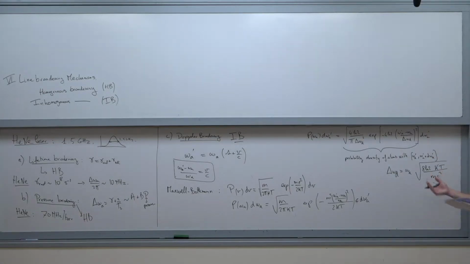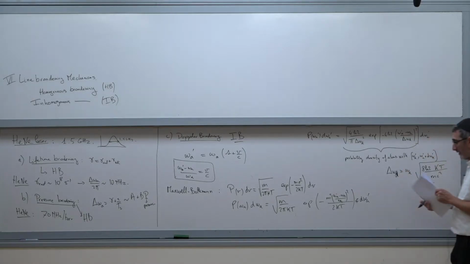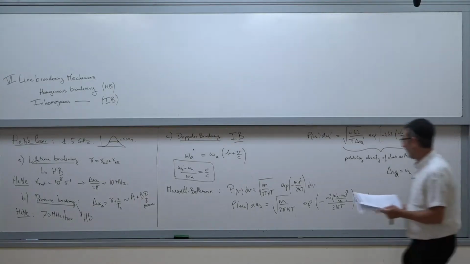Okay, this is a typical exercise that we can ask you to reproduce. So delta omega d here will be the new line width. So let's see what we can do with this probability density.